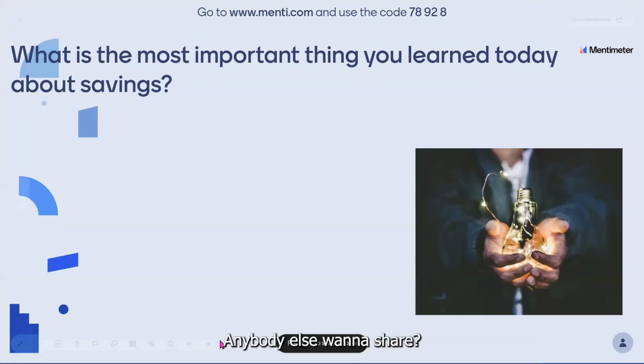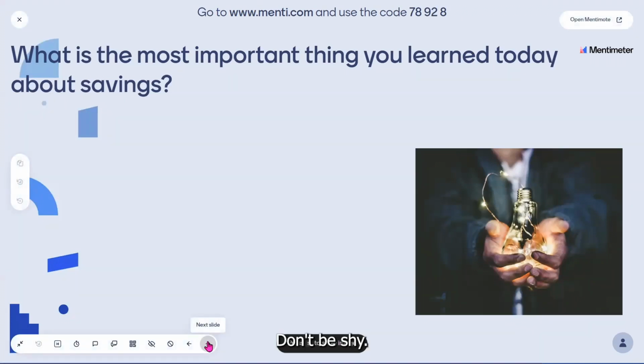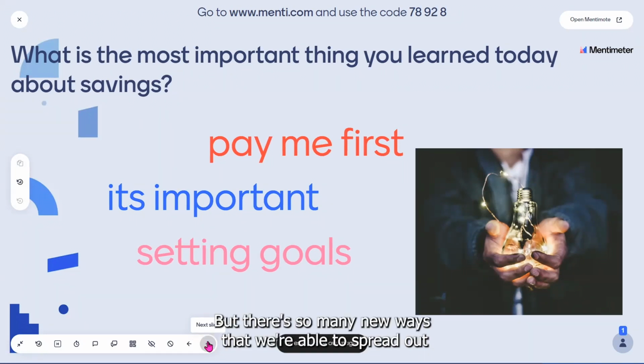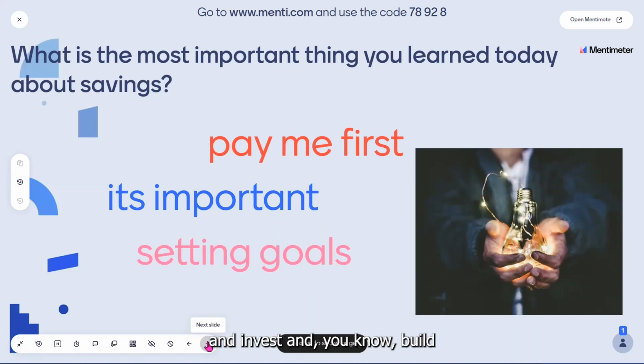Anybody else want to share? Don't be shy. I learned that we can save money in way different ways than I knew before. I thought it was just a savings account, but there are so many new ways that we're able to spread out and invest and build more foundation for ourselves.